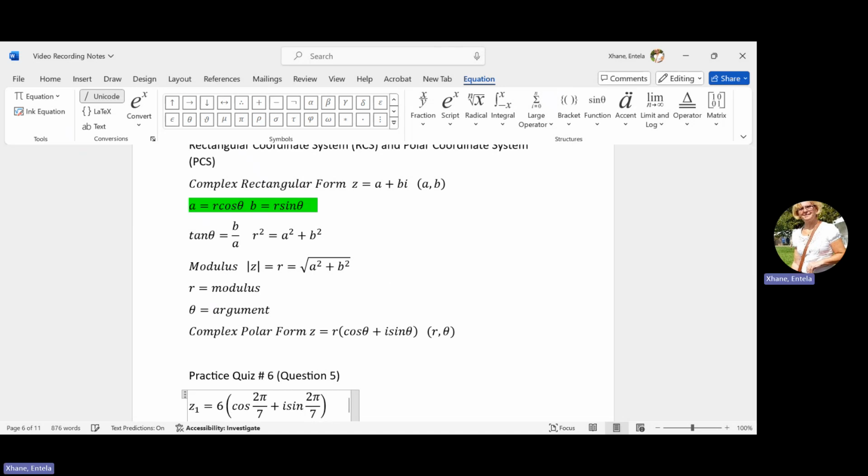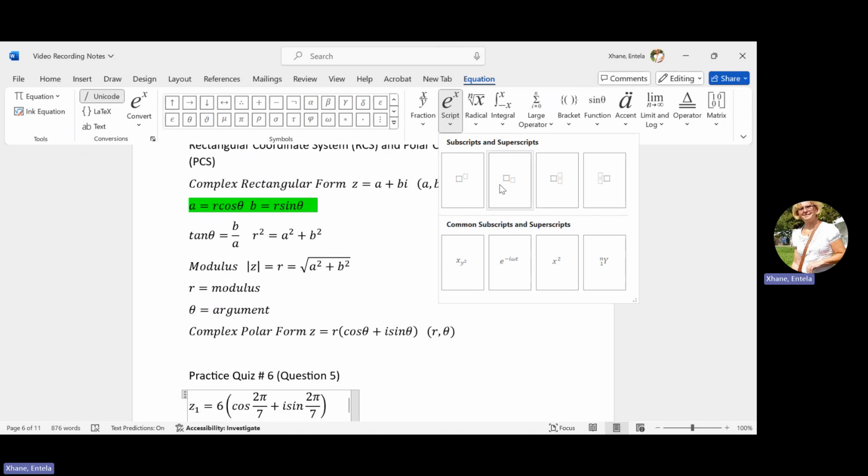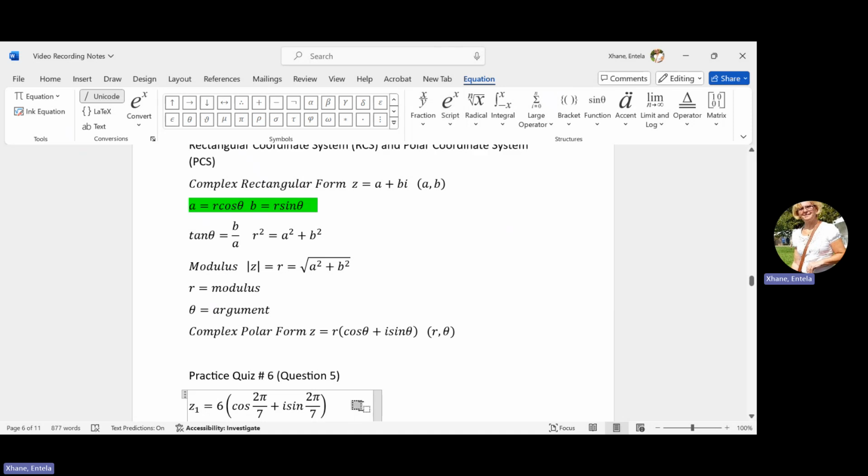Now the second number is z with an index 2. Once again, that index is only used to tell you that these are two different numbers. So you cannot use z for both if they are given with different arguments and different modulus. So z2 has a modulus 8. And now let's look at the argument.